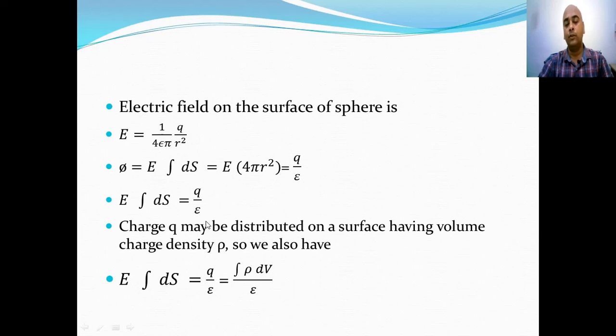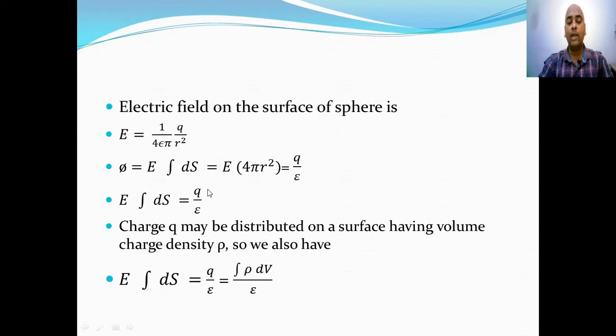It is also possible that, instead of the charge being located at the center of the sphere, the charge is distributed uniformly, and let us suppose rho is the volume charge density.